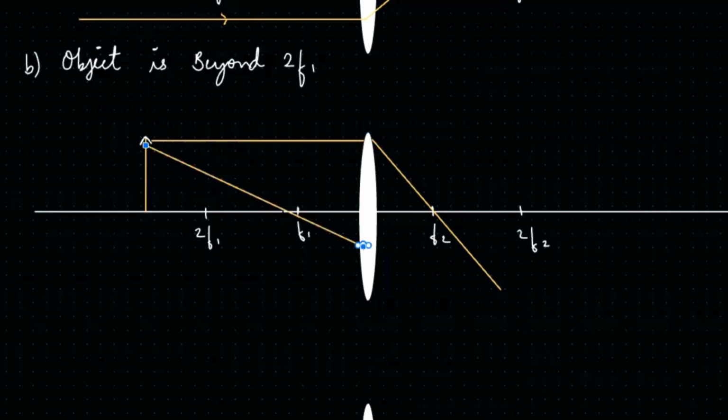And it becomes parallel. So if you see, the image formed here is this.